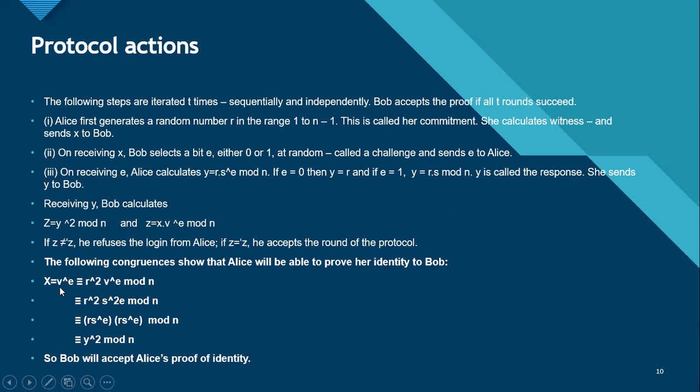Suppose X times v to the power E is equivalent to R squared times v to the power E mod n, equivalent to R squared times s to the power 2E mod n, equivalent to (R times s to the power E) squared mod n. As we know, Y equals R times s to the power E mod n, that's why it equals Y squared mod n. So Bob will accept Alice's proof of identity.